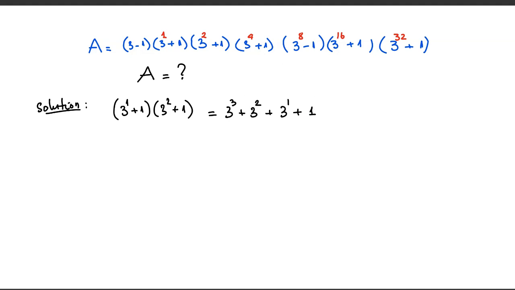Okay, we have this. Now if we take (3^1 + 1)(3^2 + 1)(3^4 + 1), what do we get?